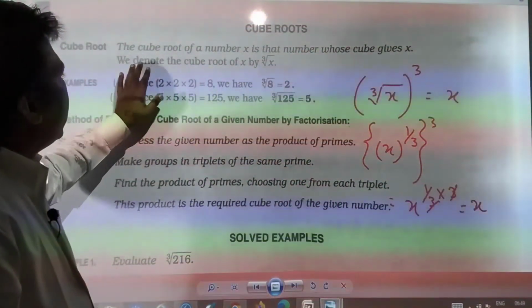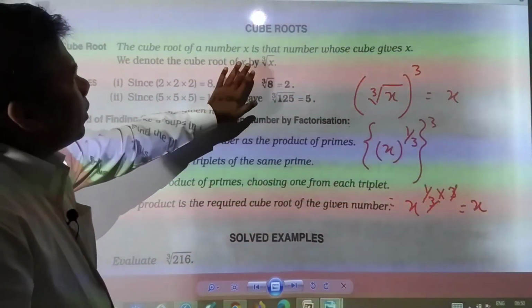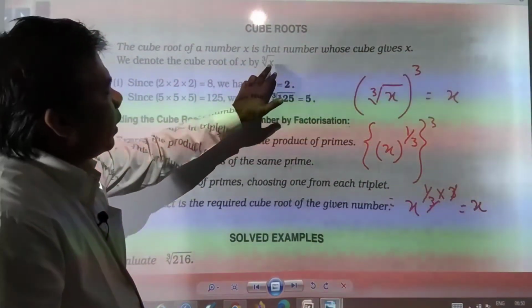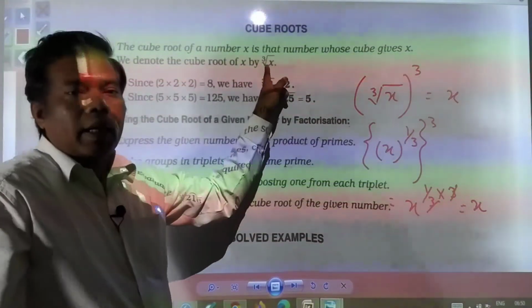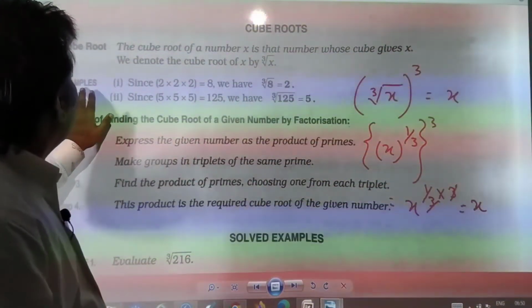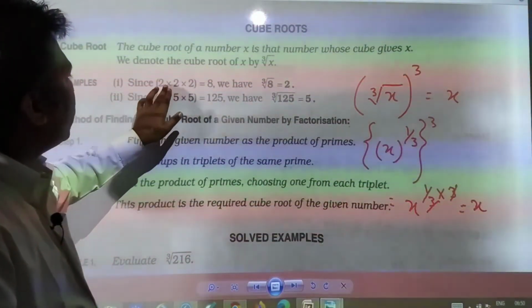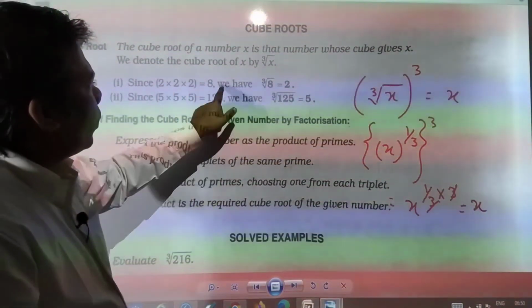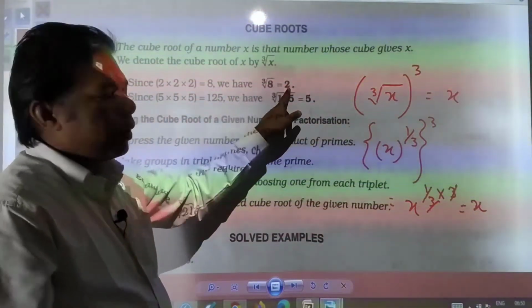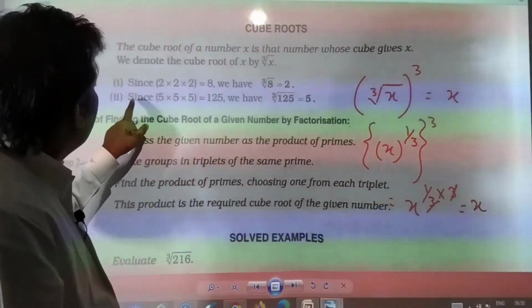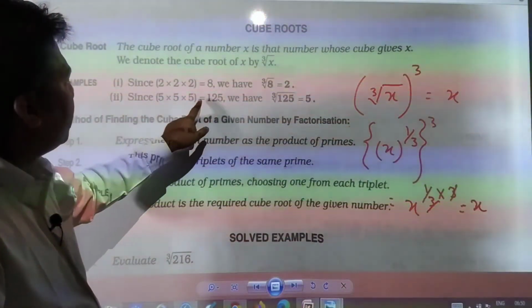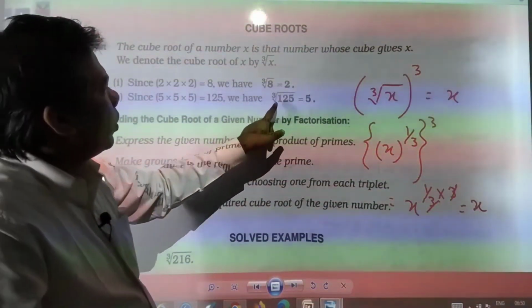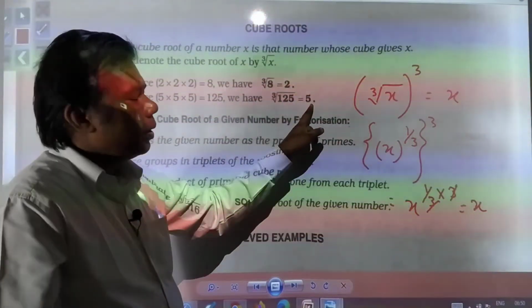So we denote the cube root of x by the cube root sign, or the third root of x. Examples: since 2 into 2 into 2 is equal to 8, we have the cube root of 8 is equal to 2. Since 5 into 5 into 5 is equal to 125, we have the cube root of 125 is 5.